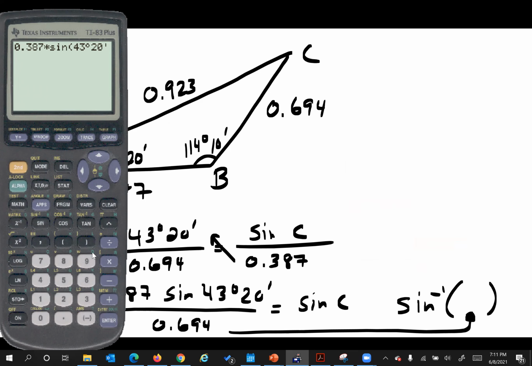I'm going to click enter here. I'm going to get that. Divide by 0.694. Got that, and I'm going to take the sine inverse of that.